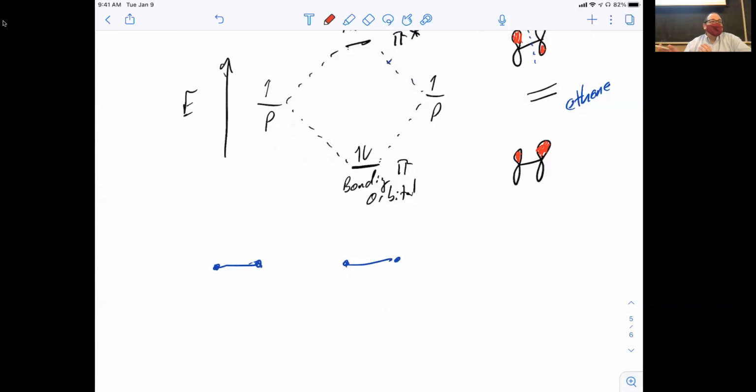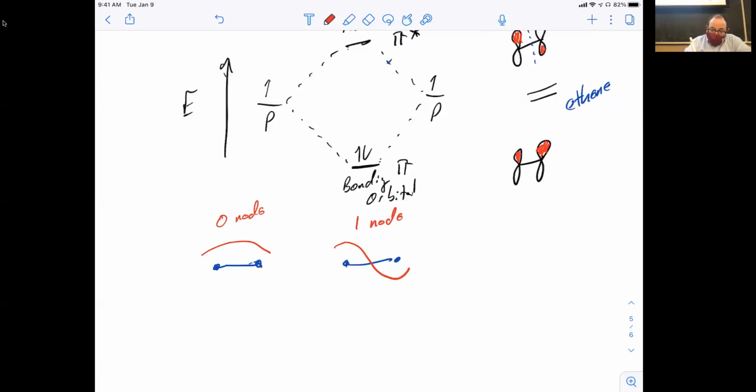This string theory was really easy: if I have two atoms that have p orbitals, I can take a string. If I do not cross between those two p orbitals, this means I have 0 nodes. As I go up and cross, I now have 1 node.